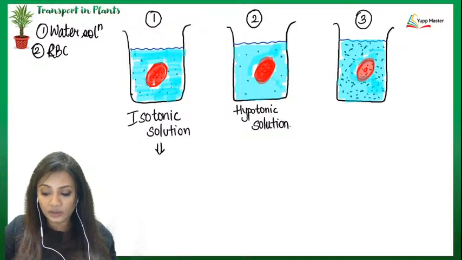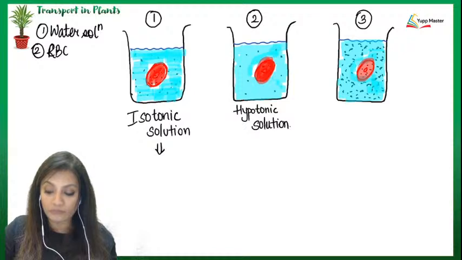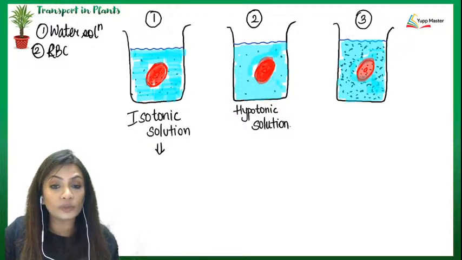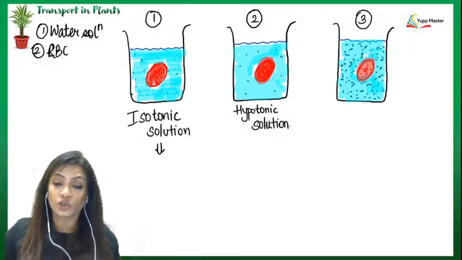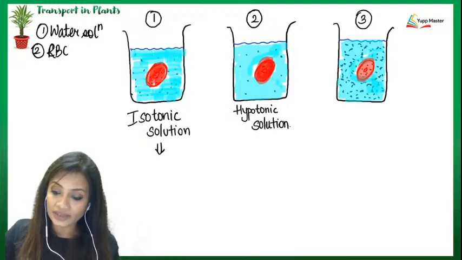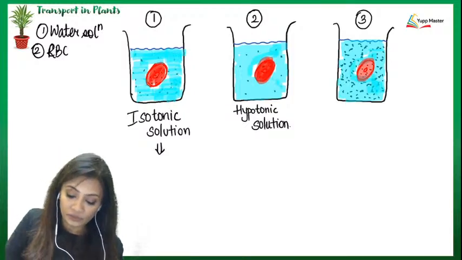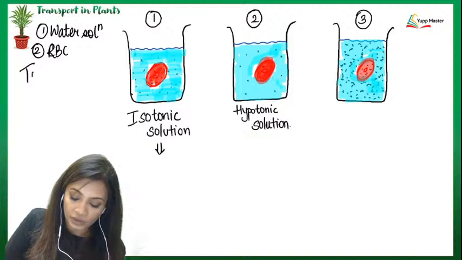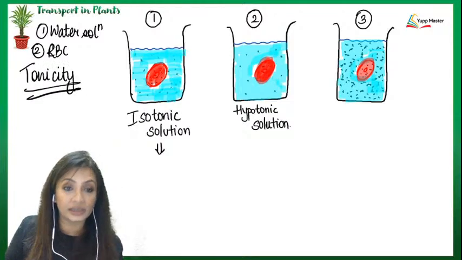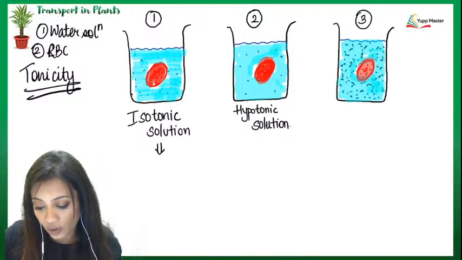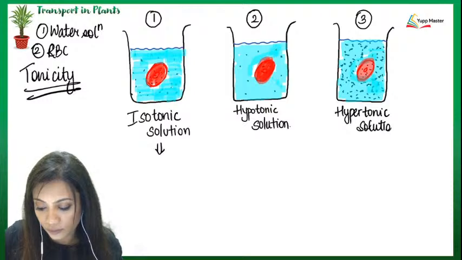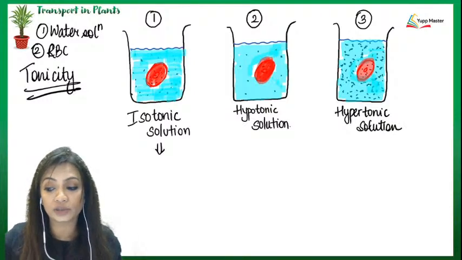So now the presence of this salt here is much more than the salt which is present inside the RBC. So now which solution will this be called? Considering the terminology of tonicity, this is going to be called a hypertonic solution.